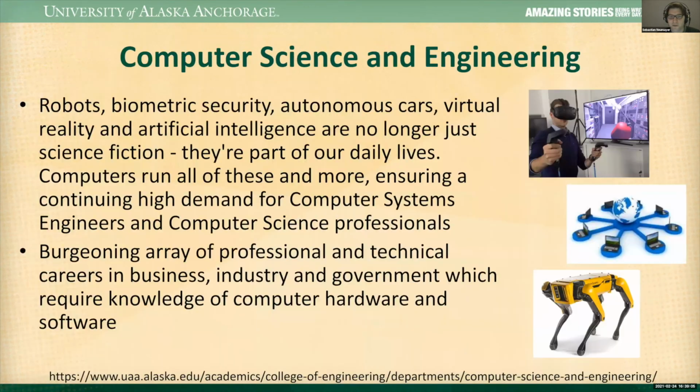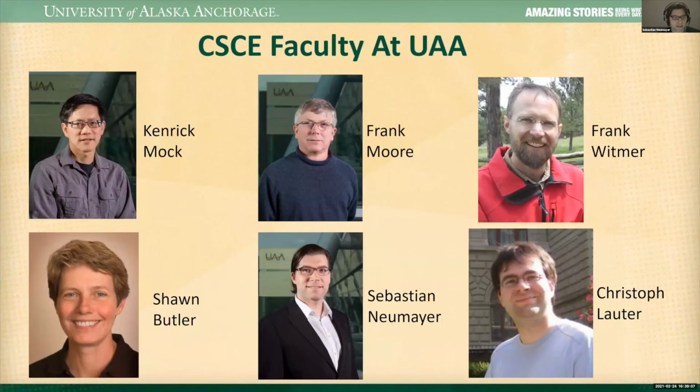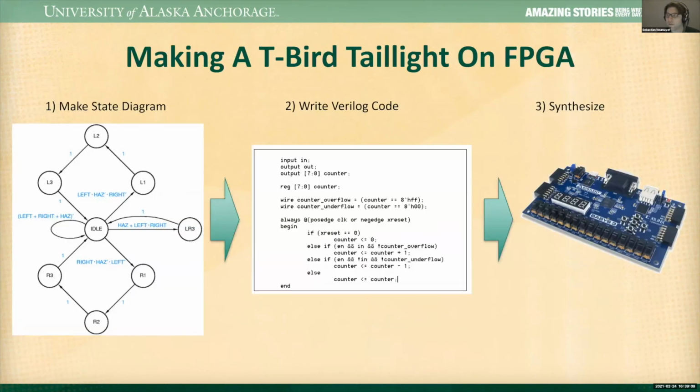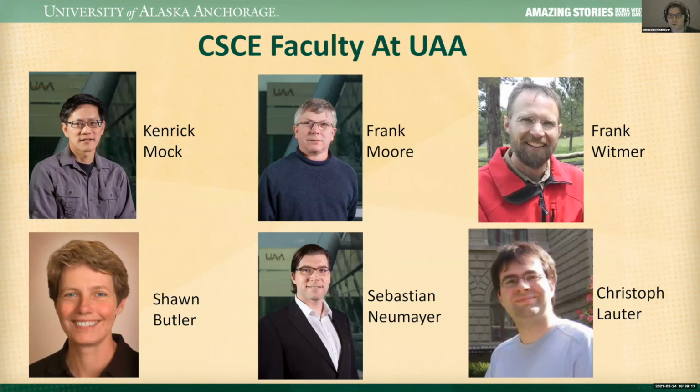Okay, so what I want to do is spend the next few minutes talking about the department and what you could expect as a computer science student at UAA. Currently our department has 6 faculty members. Kenrick Mock, he's the current interim dean, but he still teaches a couple classes. Frank Moore, he's our department chair.